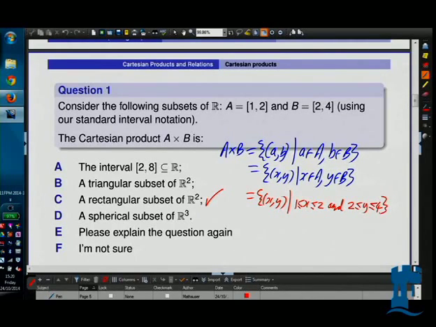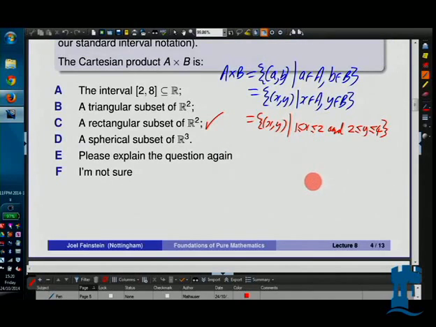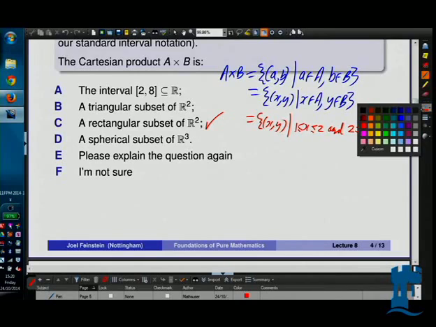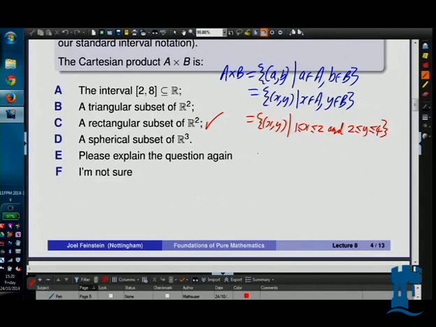And you can sketch that. I'll probably get it wrong because I always get the scale wrong. Let's see. So I want to be able to go between 1 and 2 and between 2 and 4. So let's see if I can do something reasonable.